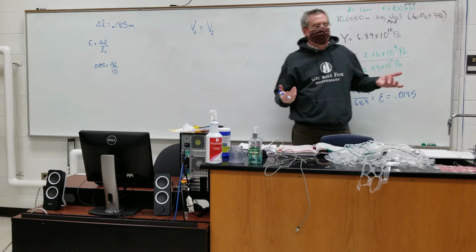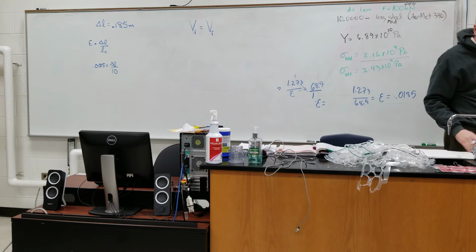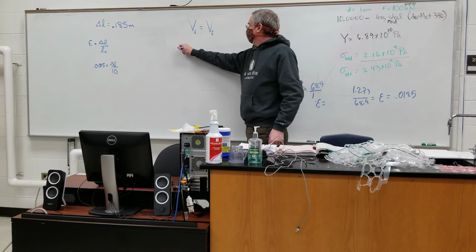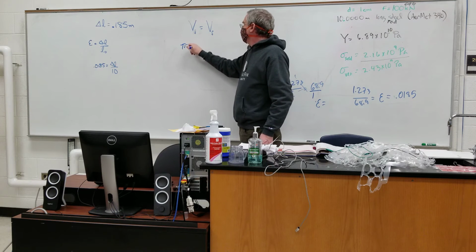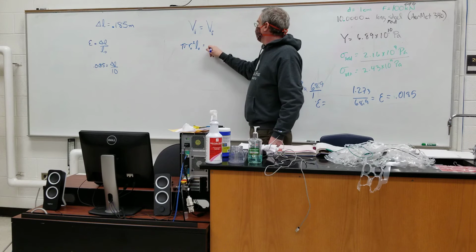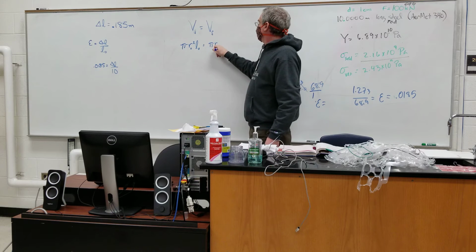It's a cylinder. What's the formula for the volume of a cylinder? Pi r squared times the length. So this is pi r squared times the length, the initial radius and length. And this will be pi r final squared times the final length.